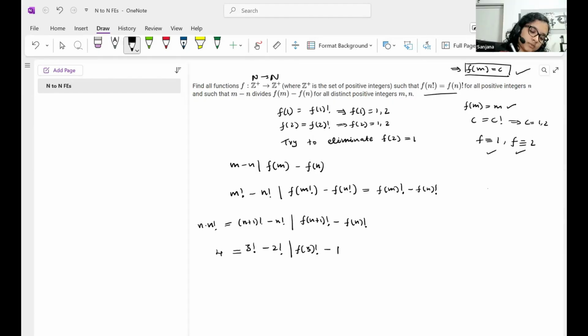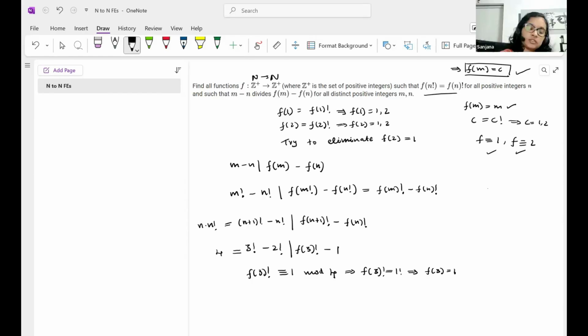So you get f of 3 factorial is congruent to 1 mod 4, which means it's odd. But a factorial can't be odd unless it's 1 factorial, right? So then f of 3 is 1. So there is still a solution, right?